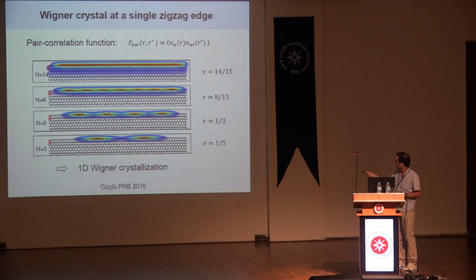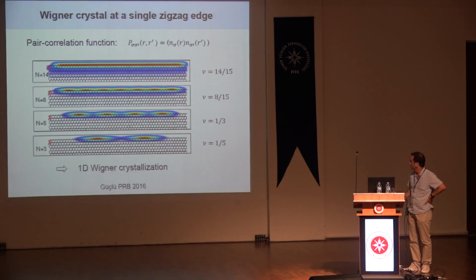This one is for 14 electrons. Remember, I have 15 edge states, so I removed only one electron from this. Filling factor 14/15. And you see a uniform electronic distribution. There is no Wigner crystal here.